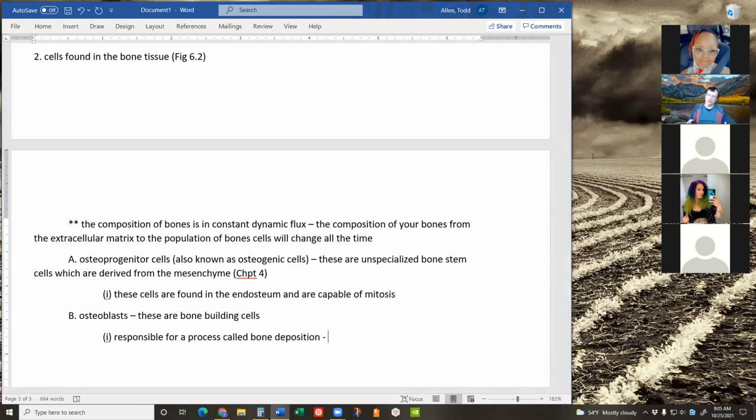Bone deposition is the process in which new extracellular matrix is manufactured and secreted from the cell into the surrounding space. So when we say that these are bone building cells, basically what they're doing to build the bone is manufacturing what will become the extracellular matrix. That is deposition.